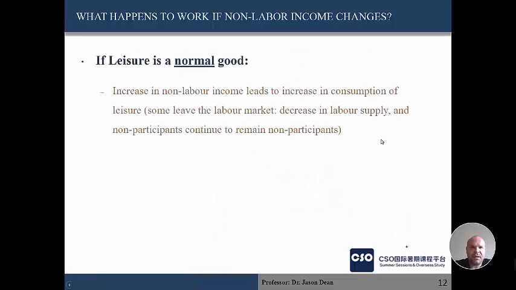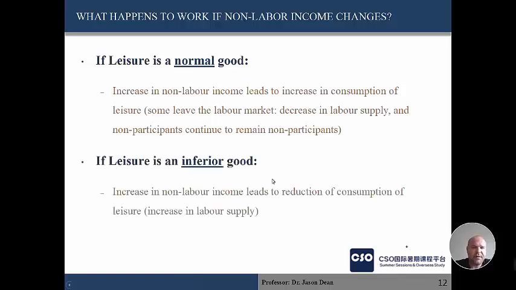Okay, so now let's talk about what happens to hours worked if we have a non-labor income change. So if our YN changes, it depends on whether leisure is a normal or inferior good. If it's a normal good and incomes increase, then individuals will want more leisure.